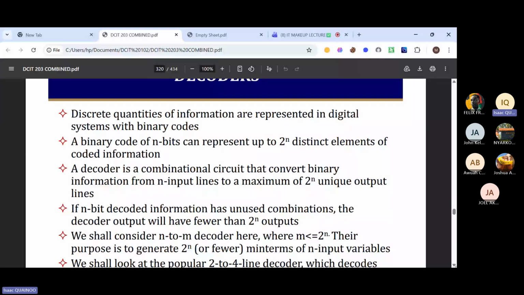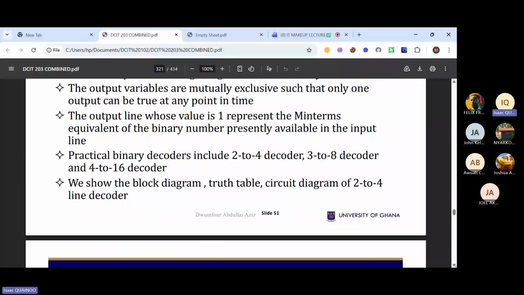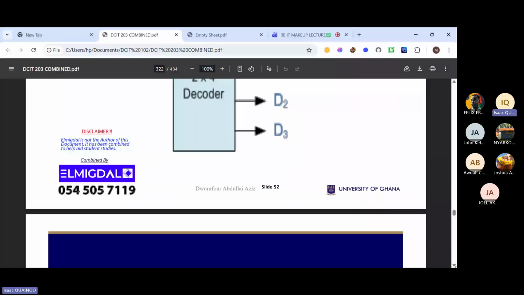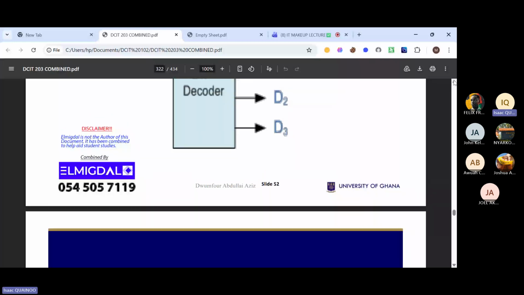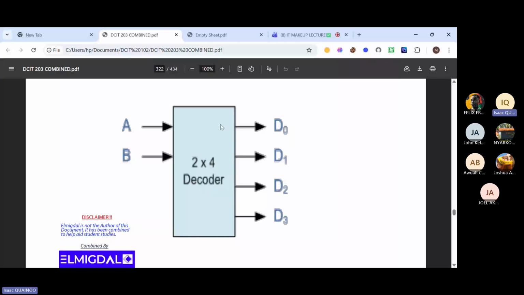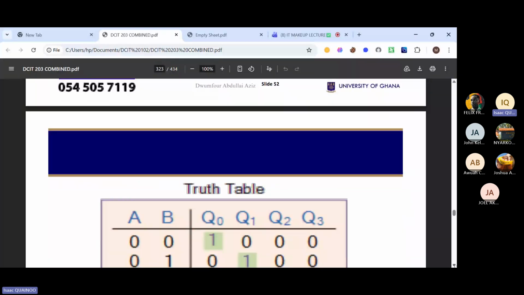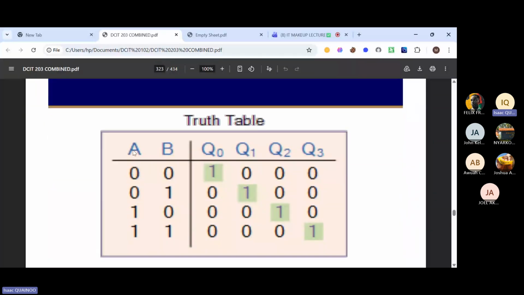All right, so let's progress. You can see here we have the 2 to 4 decoder. So we said that it takes 2 inputs and the corresponding output is 2 raised to the power n, which is 2 raised to the power the number of inputs. That gives you the corresponding outputs. We've already drawn the truth table for this. So we said A and B are the inputs, okay? The set of all possible combinations for A and B are 0 0, 0 1, 1 0, and 1 1.